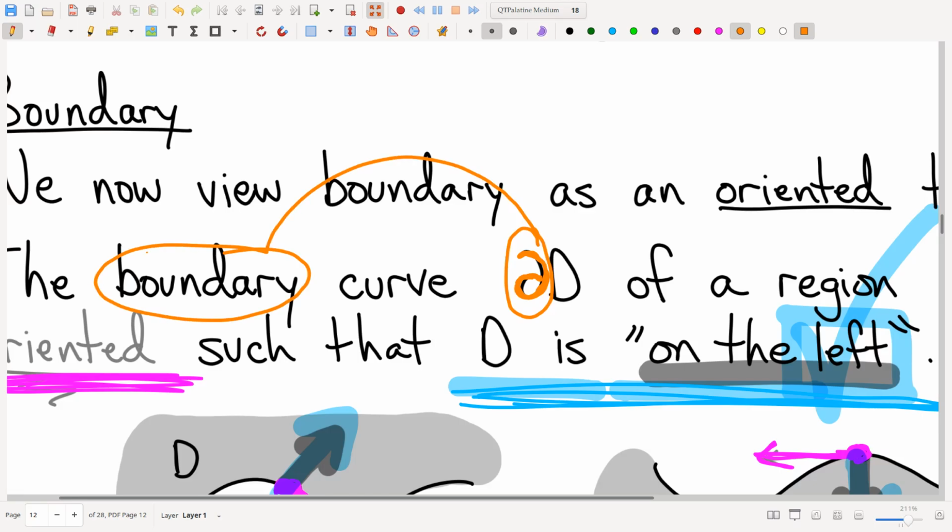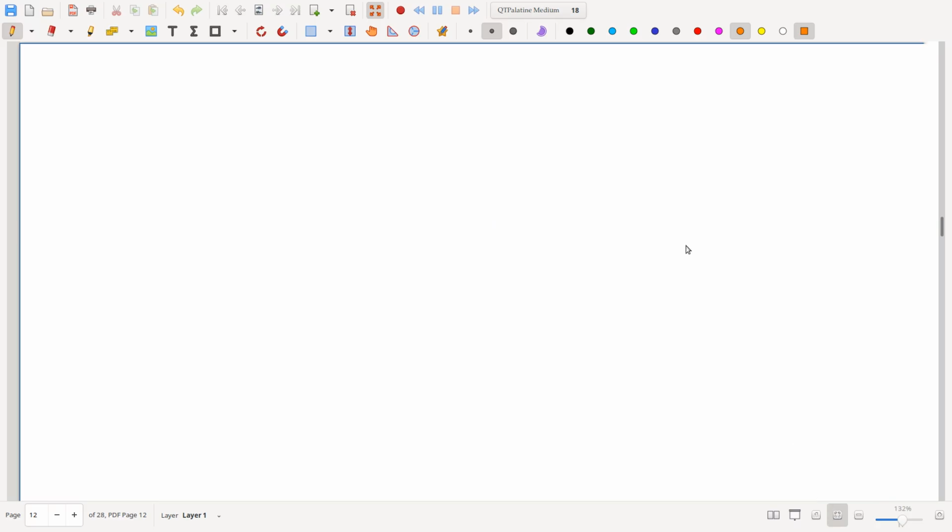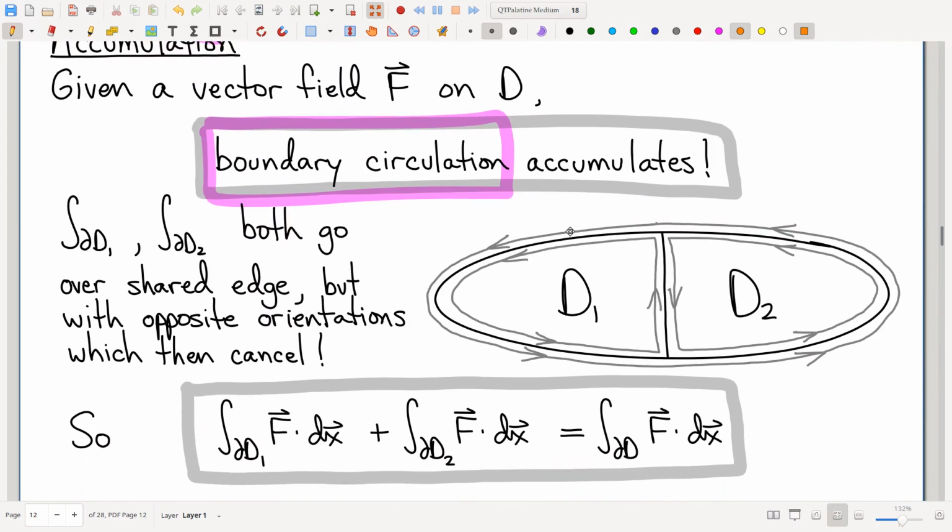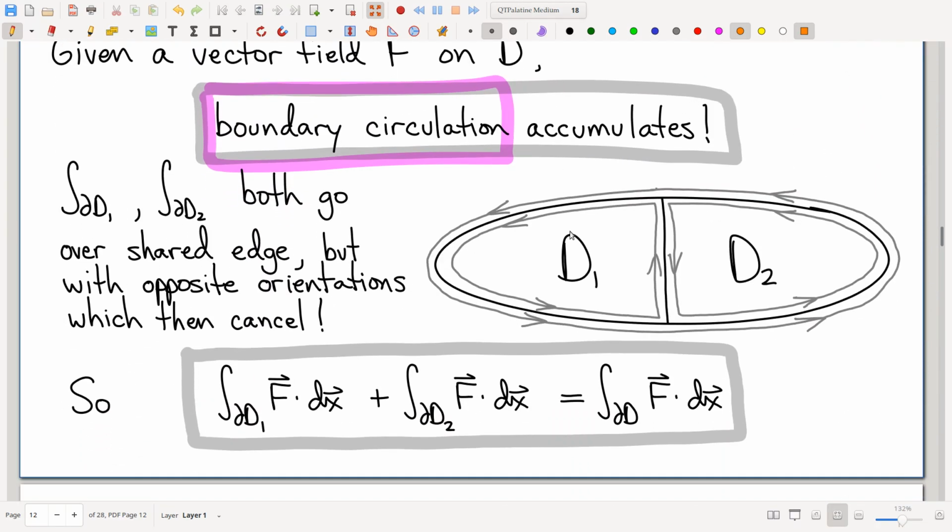So I'm going to be using that a lot. It's very convenient. Why do we use a partial derivative? There's a vague sort of reason I could give you, but it's not worth our time to discuss. So heads up, that means boundary. And so I claim that boundary circulation is an accumulating quantity. All right, let me try to persuade you of this.